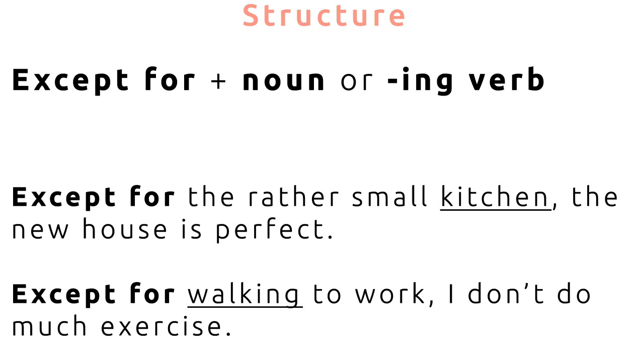Except for walking to work, I don't do much exercise. Here we have except for plus the ing verb, walking. And again notice the second part of the sentence carries the emphasis. So his main message is that actually I don't do a lot of exercise.